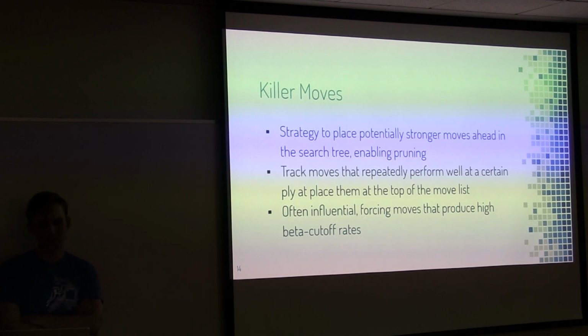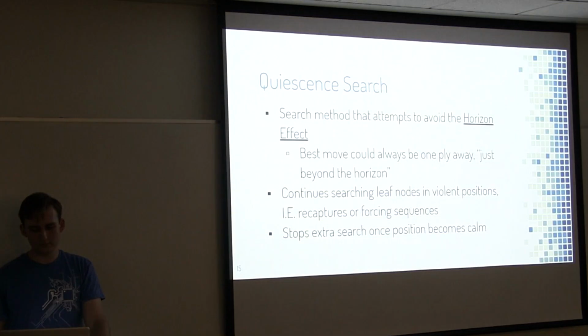But in theory, you want to track moves that perform well in the tree over and over again, store that they work well, and place those moves first when you're doing your search. So you look at the moves that, historically speaking, in your record of games, have worked well. Powerful captures, or something like that. They're often forcing moves, and one way to find these killer moves is to look at moves that cause pruning.